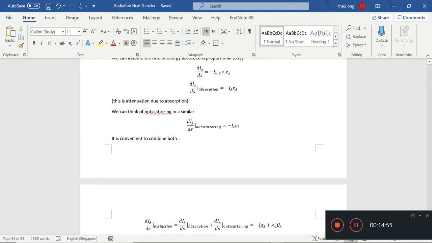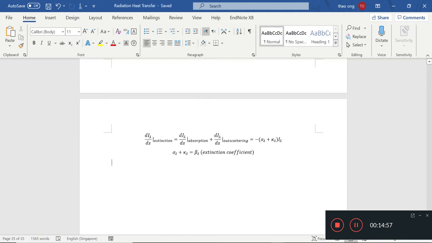What is the total attenuation? We can reword this as attenuation equals minus beta lambda I lambda.